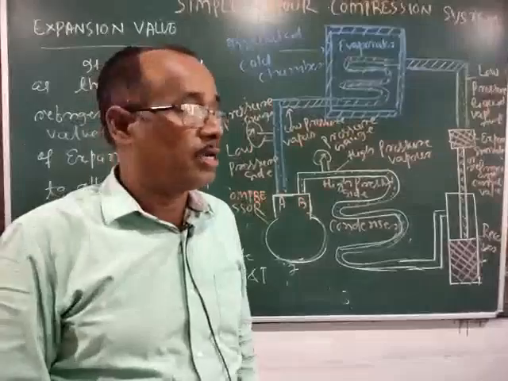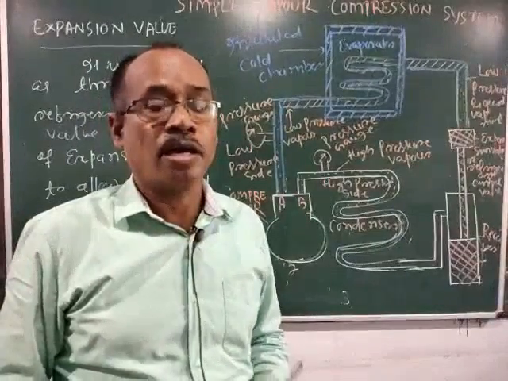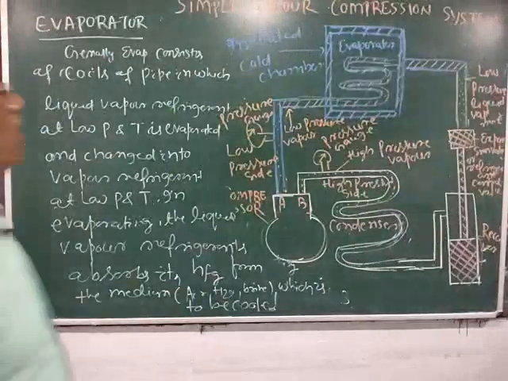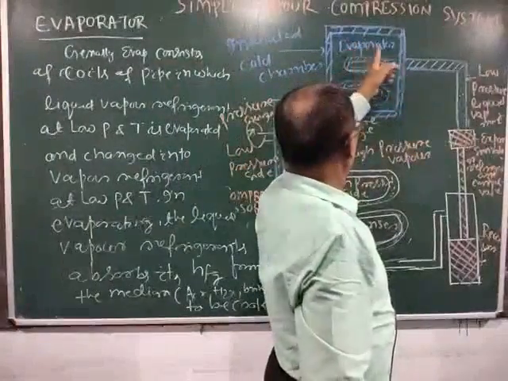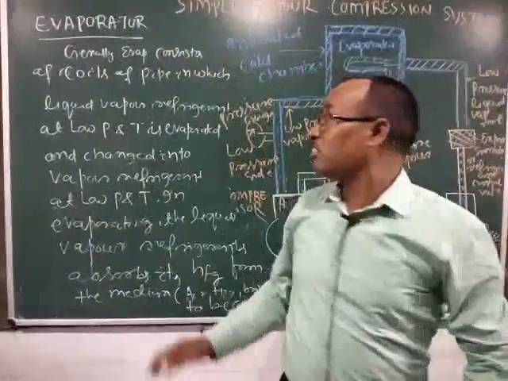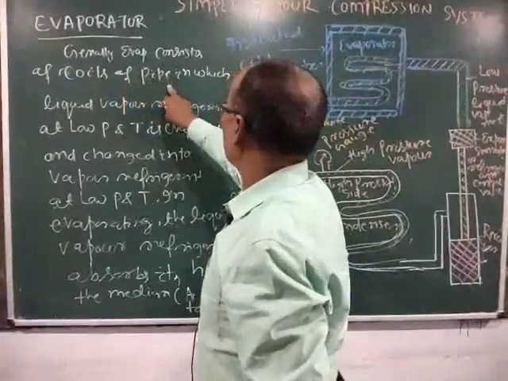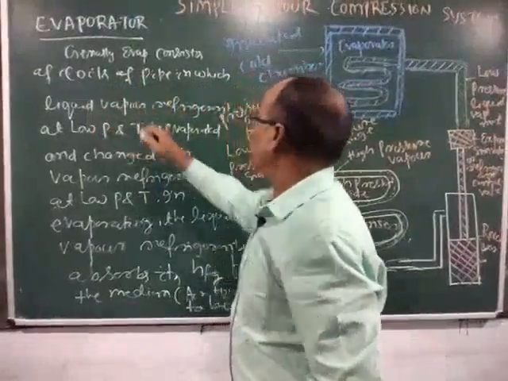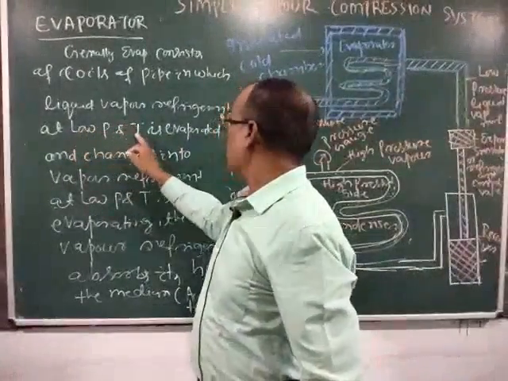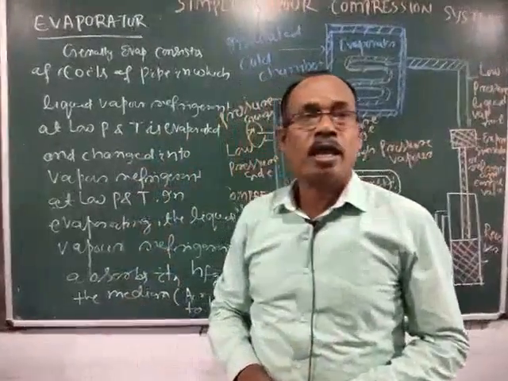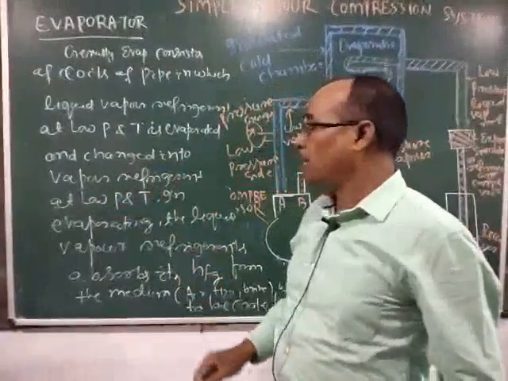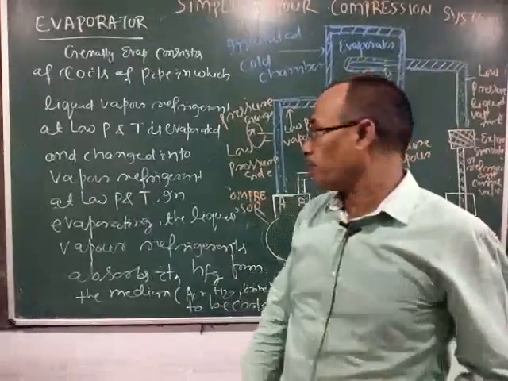Now I will describe what is the function of evaporator. This is the evaporator. Generally, evaporator consists of coils of pipes in which liquid vapor refrigerant at low pressure and temperature is evaporated and changed into vapor refrigerant at low pressure and temperature.